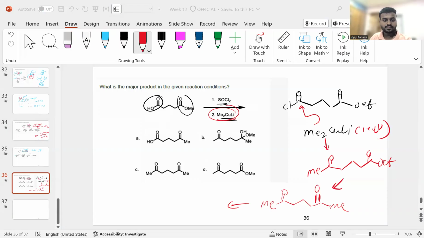Then question number 9: we have the ketone followed by allyl TMS and water. What will be the product in this one? That product is also quite straightforward.